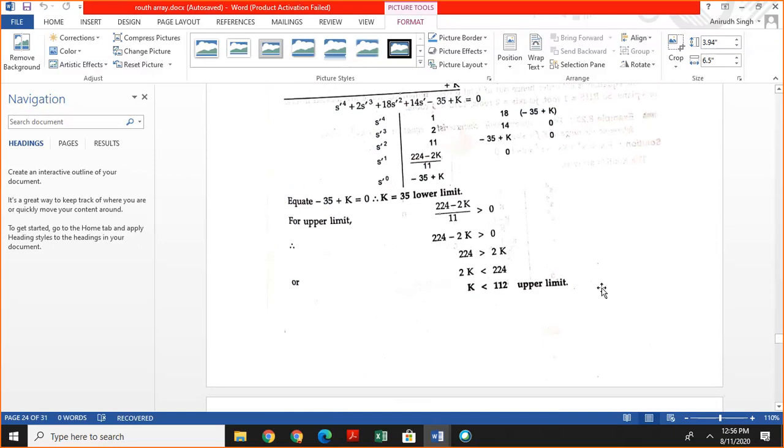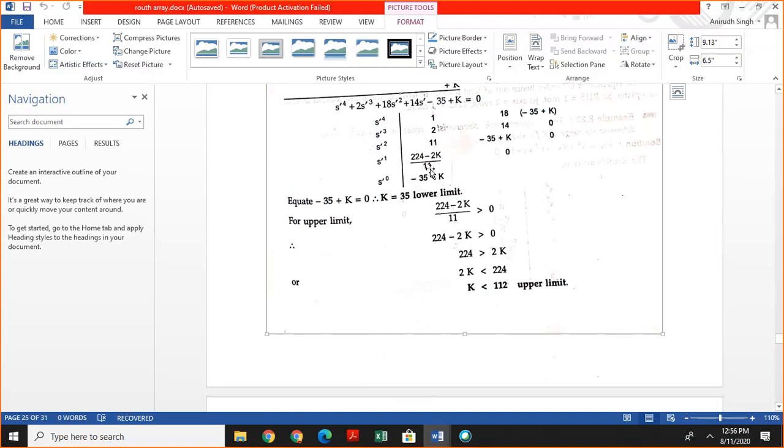What should be the upper limit on K? Find out the lower and upper limit. If this is the j or imaginary axis, then this is the lower limit, and in the right half this is the upper limit. If you equate minus 35 plus K equal to 0, you get K equal to 35 as the lower limit.